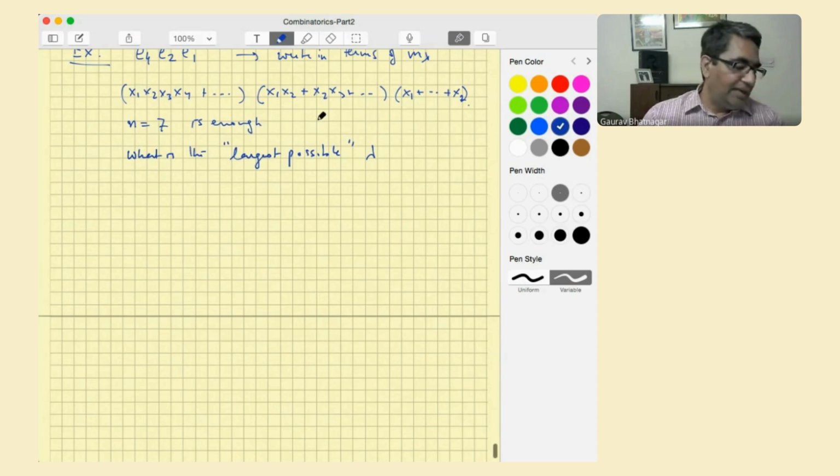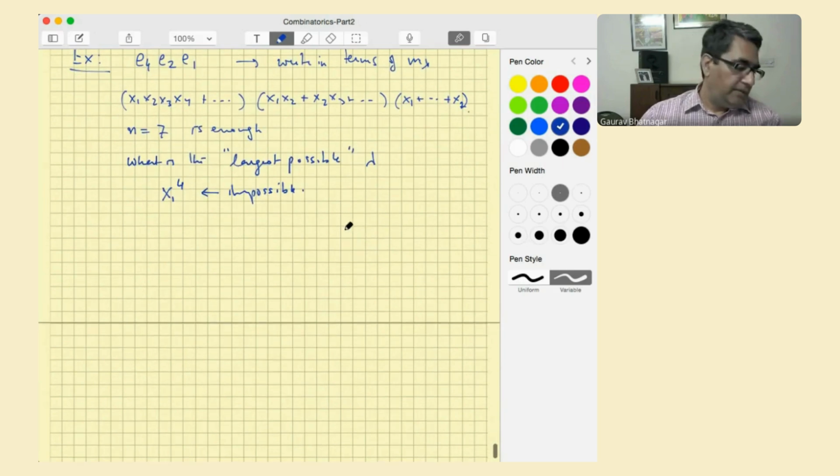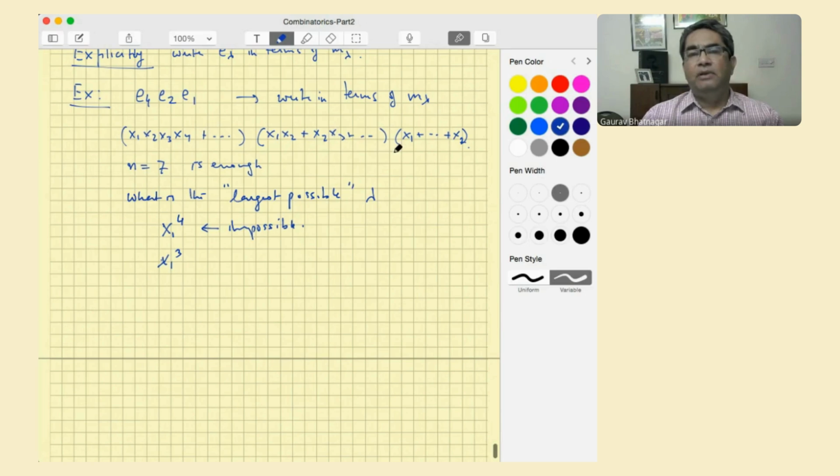First of all, the maximum that x1 can go to is 3: one term from here, one from here, one from here. So x1 to the 4 is impossible, in the sense that m lambda will be 0 here. And so x1 to the 3 is possible. If that is the case, what is the largest possible x2?